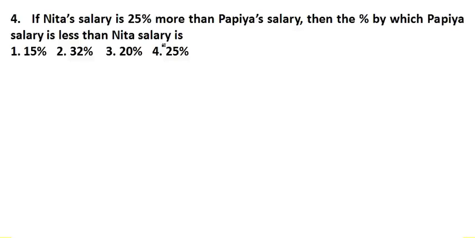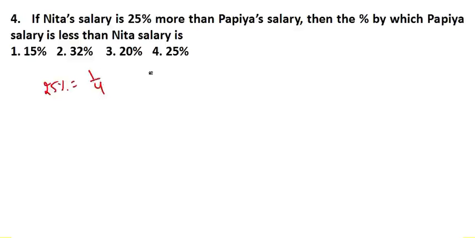Read the question. Here in the question, two people are there. One is Nitya and one is Papya, and it is stating that Nitya's salary is 25% more than Papya's. Look guys, what is the meaning of 25%? Can you write 25% as 1 by 4?